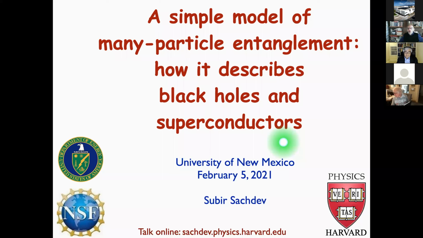He's played a key role in the development of the theory of quantum critical phenomena in insulators, superconductors, and metals, the theory of spin liquids, quantum antiferromagnetics, fractional phases of matter, and many others. His research describes the connection between physical properties of modern quantum materials and the nature of quantum entanglement in many body wave functions, and the application of these ideas to a priori unrelated phenomena such as black holes, something he'll be telling us about today.